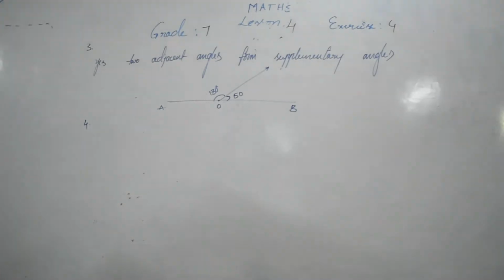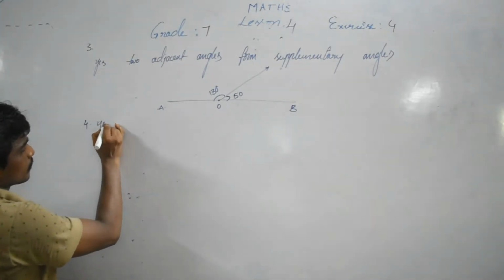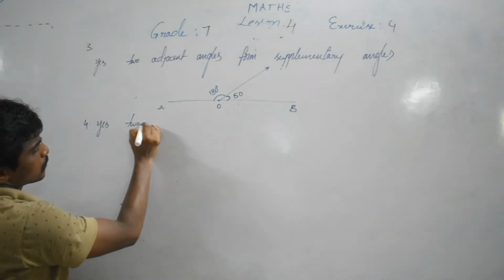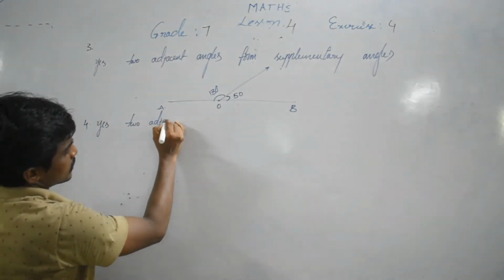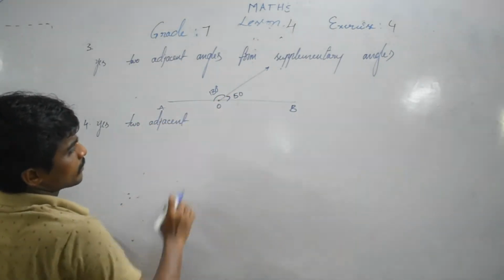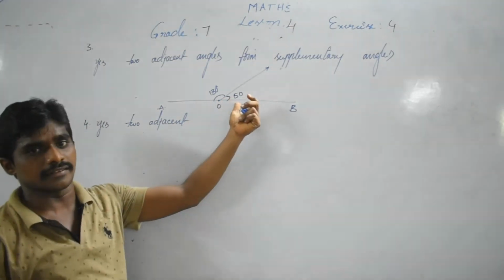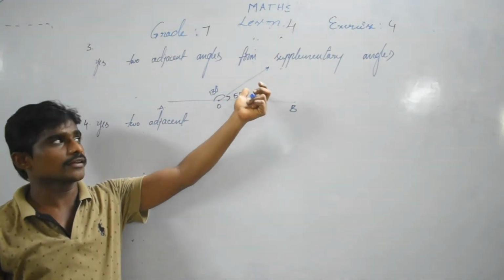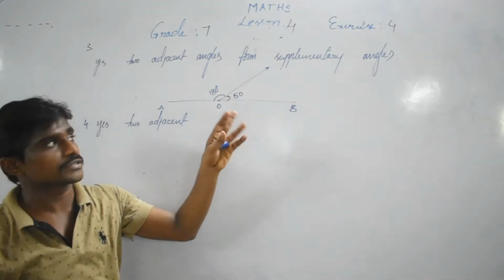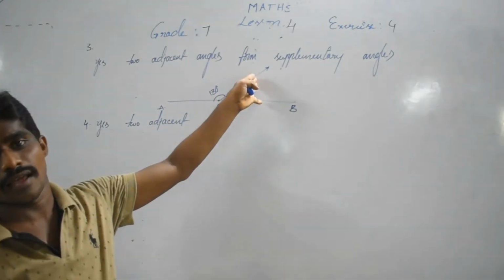Fourth one. Can two adjacent angles be complementary? Draw the figure. Yes. Two adjacent angles, picture as you wish. Here I say 30, here you take 20, here 160, your wish. Here 90, here 90, your wish.